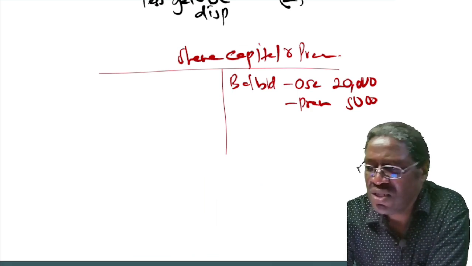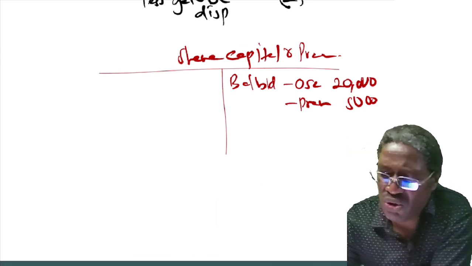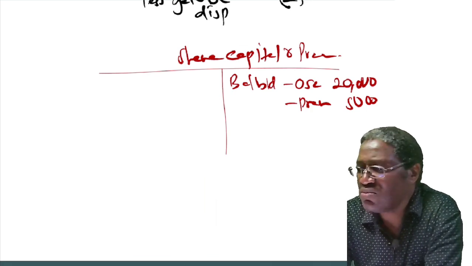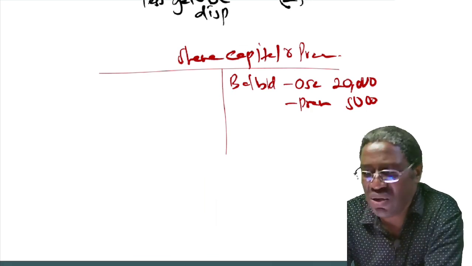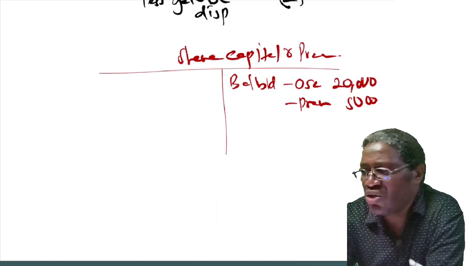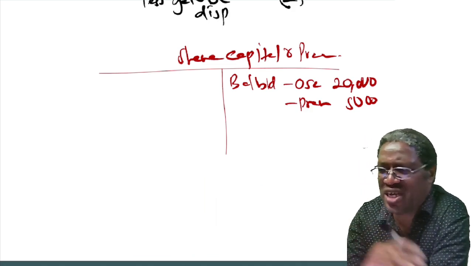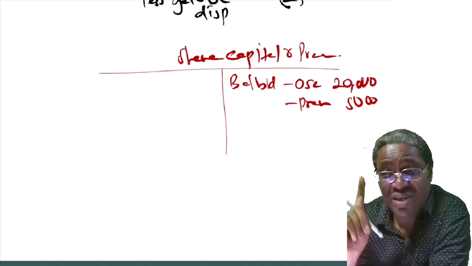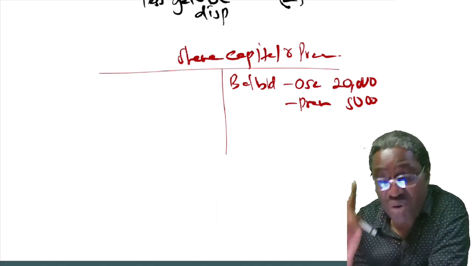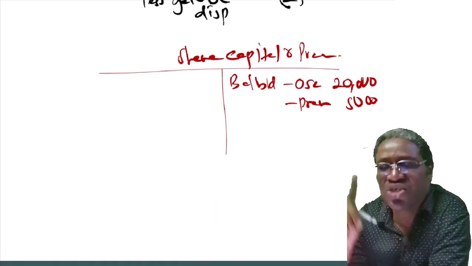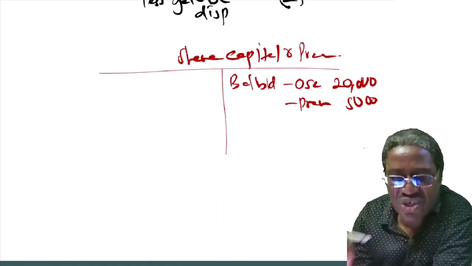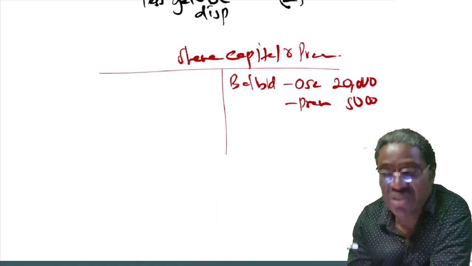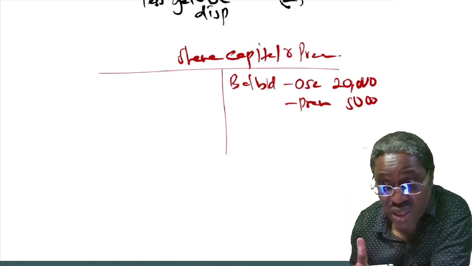During the year, the company issued bonus shares worth maybe 10,000. Or you're told the company issued bonus shares in a certain ratio. Bonus shares are extra shares given to existing shareholders free of charge.